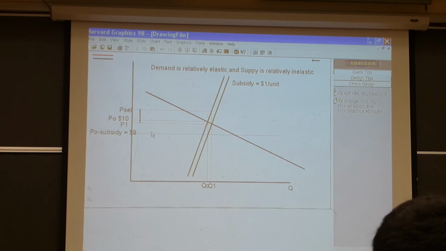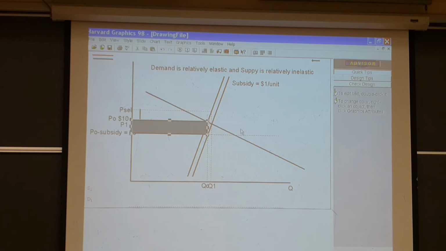Okay, then, what is the total subsidy that the government gives out? What's the area of the total subsidy? In this case, what is the total subsidy given out? Now, it could be here, because, first of all, this is $1 vertically. This could be the total subsidy. There's $1 vertically.